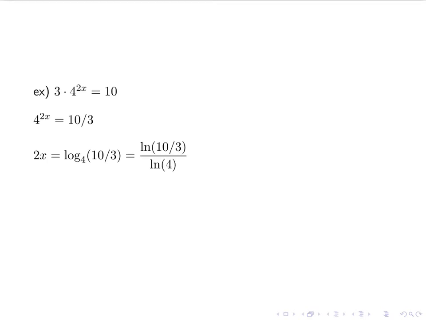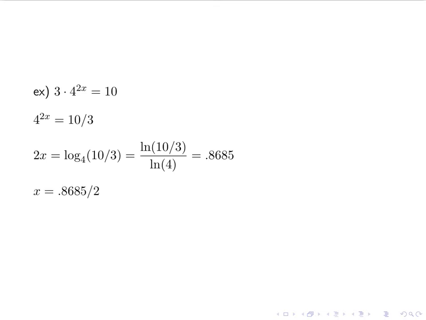I'm going to plug my log into the change of base formula. This time I'm going to do ln. So ln of 10/3 divided by ln of 4. And that's going to give me 0.8685. That was, remember, 2x.